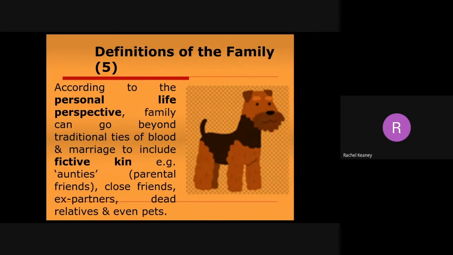Now, another link to this is the personal life perspective. They see family as being about the meanings that that family holds for you, or the meanings of the family members. So this can go beyond traditional ties of blood and marriage to include things like fictive kin. So you have aunties who are not really your aunties. When I was growing up, I was very confused because we always had Auntie Sue, Auntie Judy, and so on.